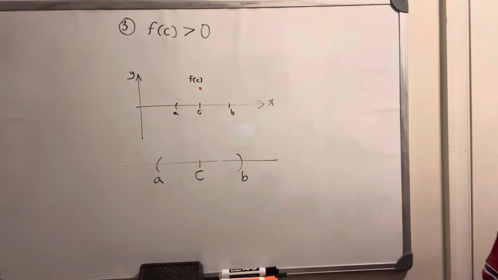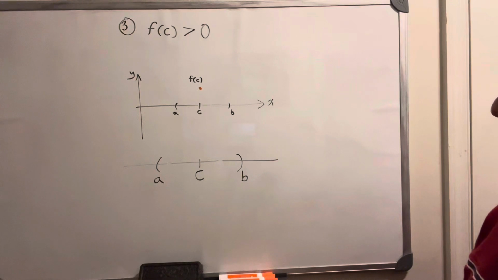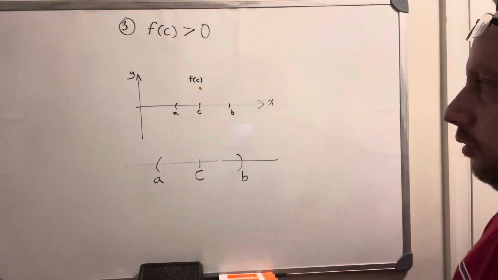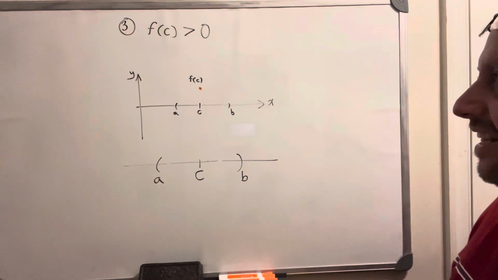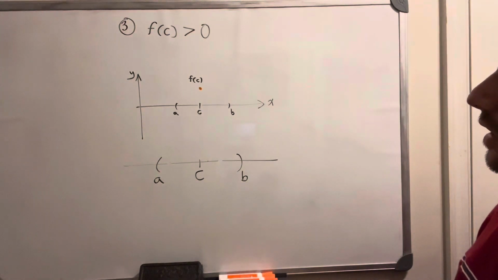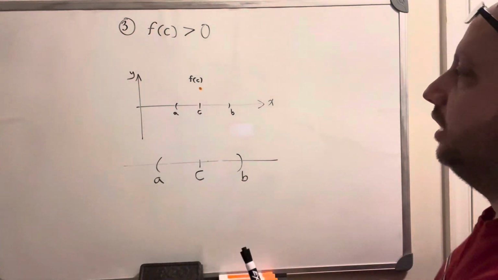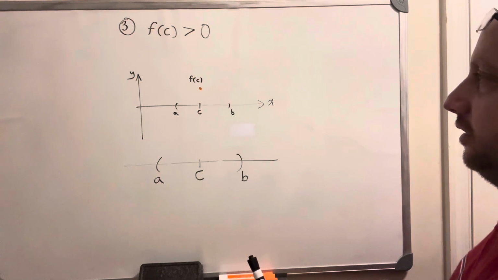And the third part from the problem statement that I underlined was when they said f of c is greater than 0. What I've drawn here is a bit of the graph of the function, but I haven't assumed anything about the function except that the value at c is above the x-axis.